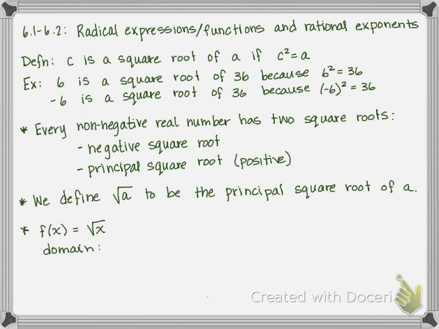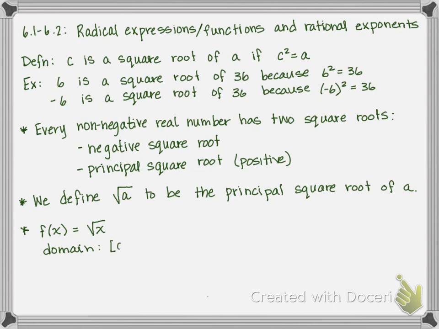What's the domain of that function? Yes, domain. We've done this before. Would it be all reals? So can you take the square root of a negative? Oh no, it would be all positive numbers.